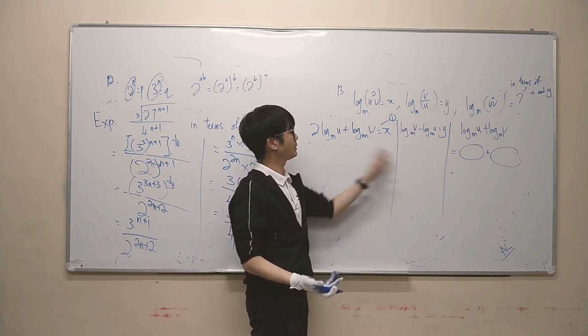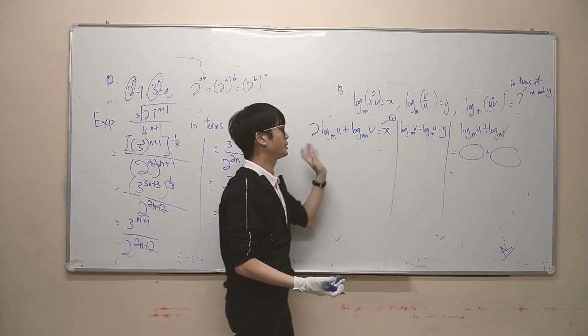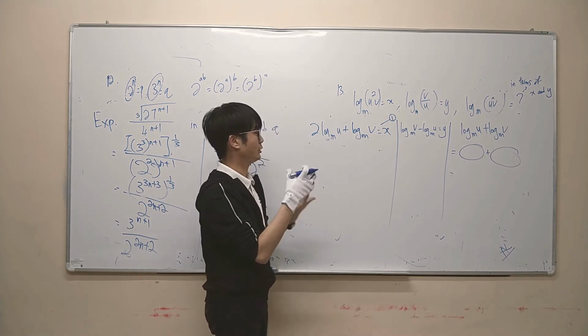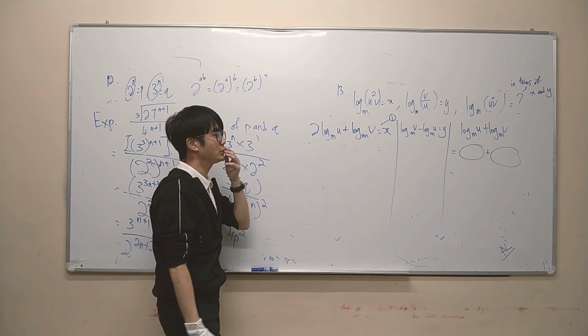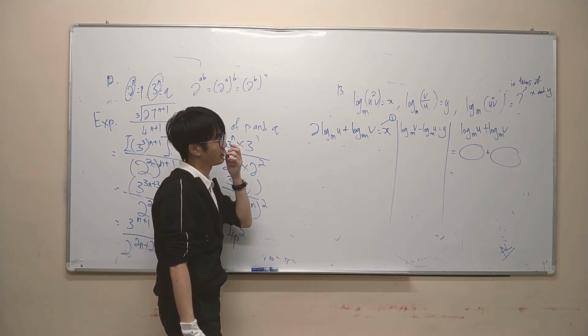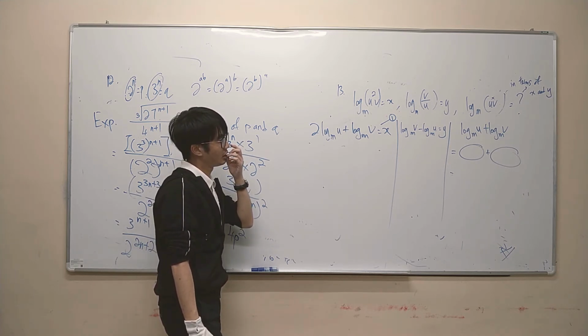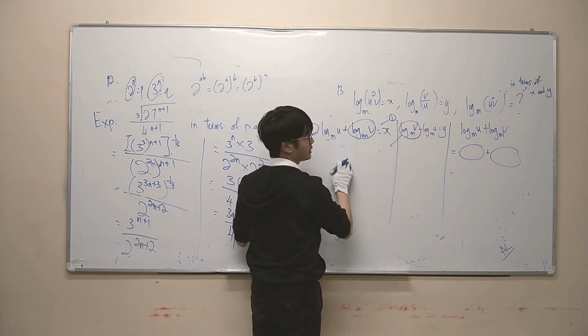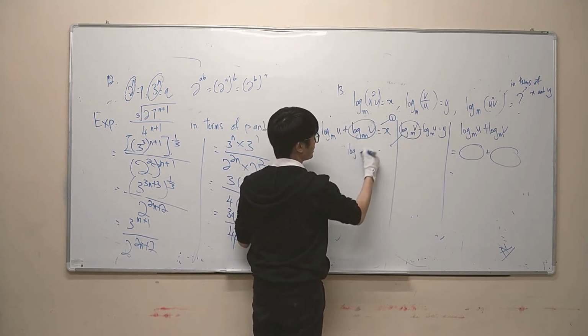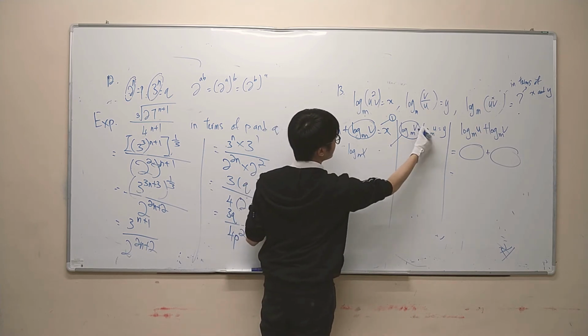So what you do, you can do simultaneous equations. How to do simultaneous? You can use substitution or you can also use elimination. Actually, both can. But I will use elimination. Why? Because I can see log v base n and log v base n are the same already. So I can just put it below here, and then log u base n, that is minus or plus.